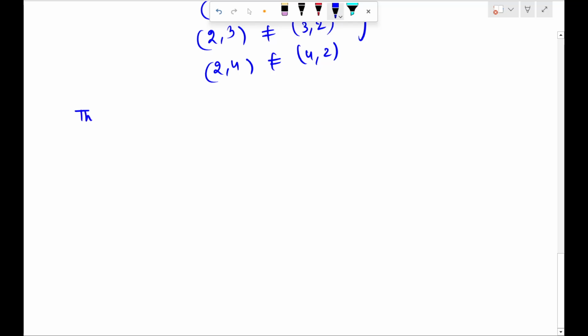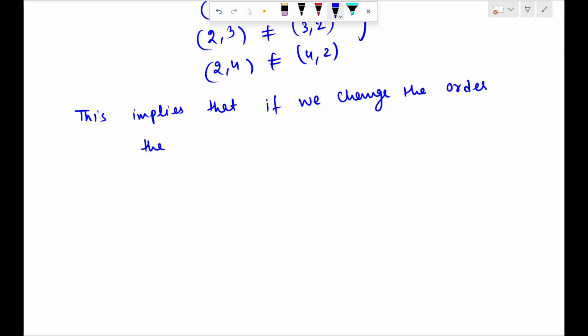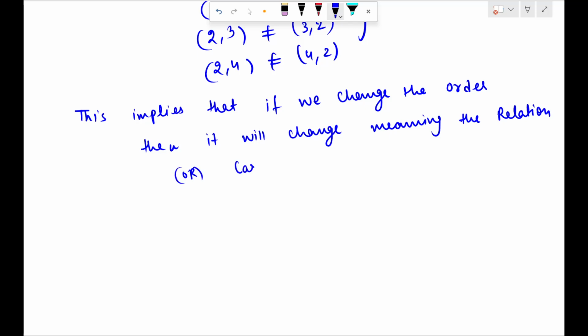So from the above example, this implies that if we change the order, then it will change the meaning of the relation or Cartesian product.